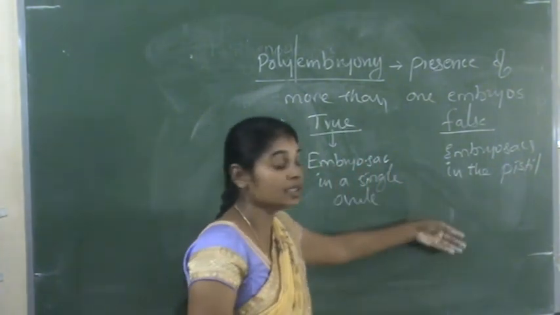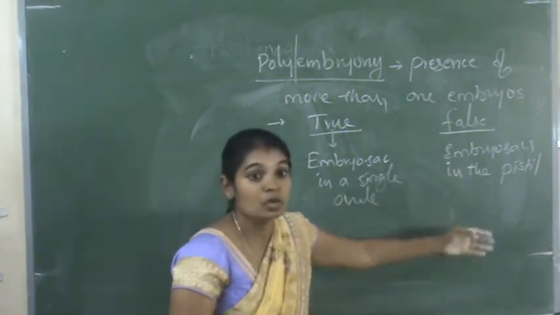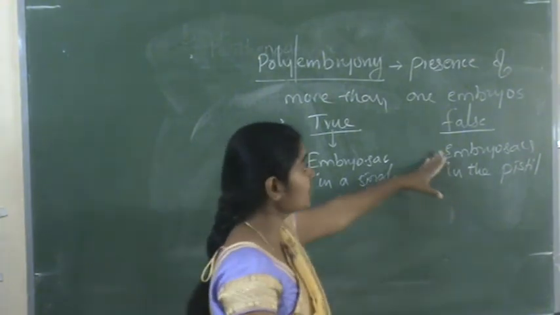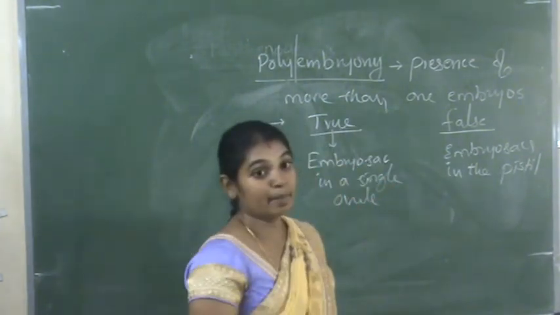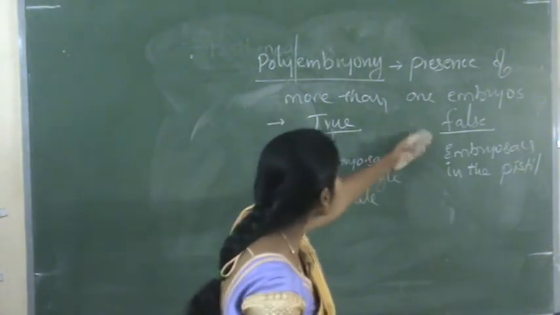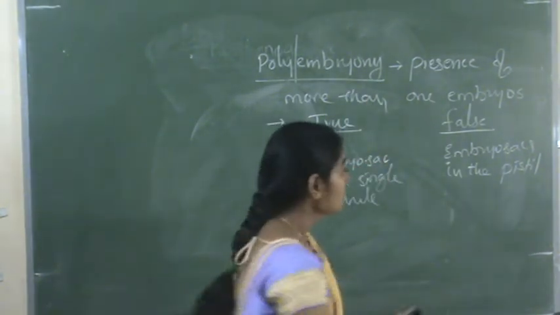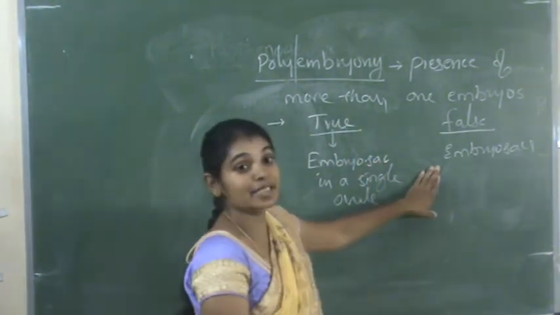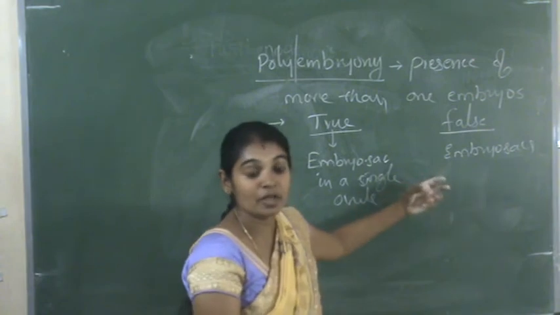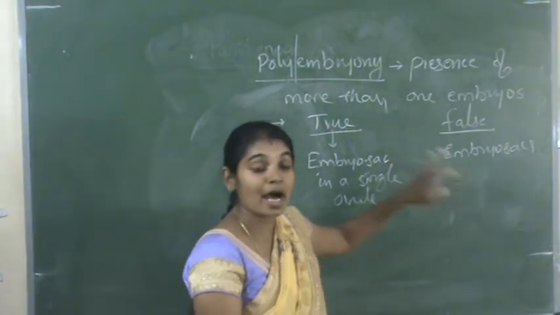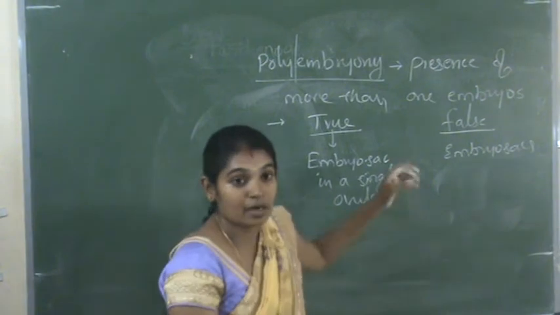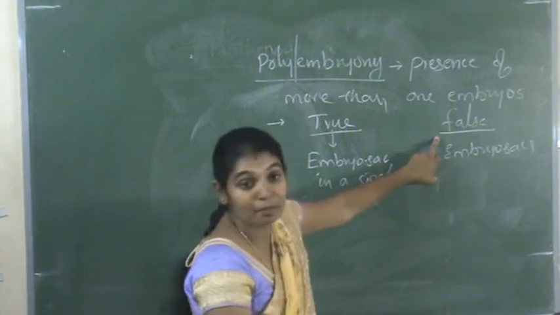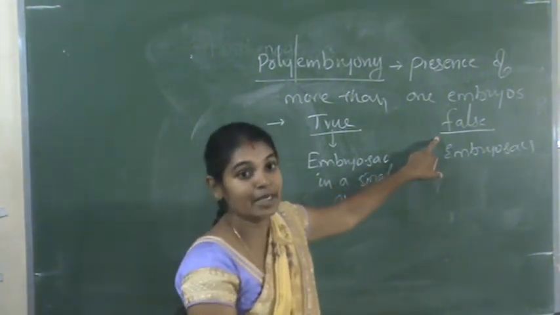If there are more than one embryo sacs in the ovaries, that condition is called false polyembryony. Here the embryos may be developed from the egg cell, or maybe from other parts of the ovule. Such polyembryony is known as false polyembryony.